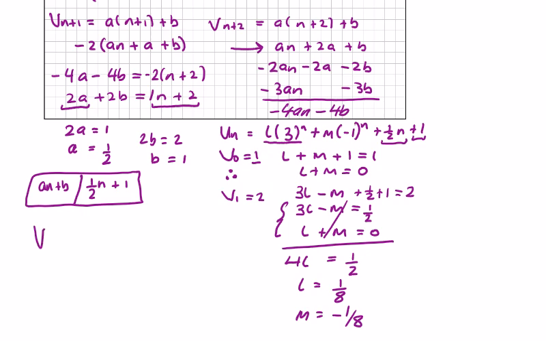So my solution then, Vn, is going to be equal to L, an eighth, times 3 to the power of n, plus m, which is minus an eighth, so minus an eighth by minus 1 to the power of n, plus n over 2, or half n plus 1.